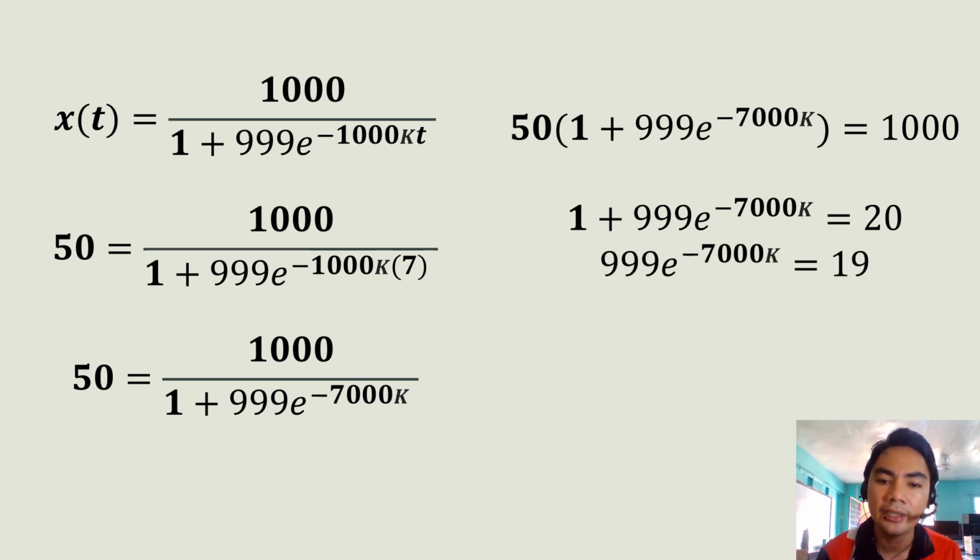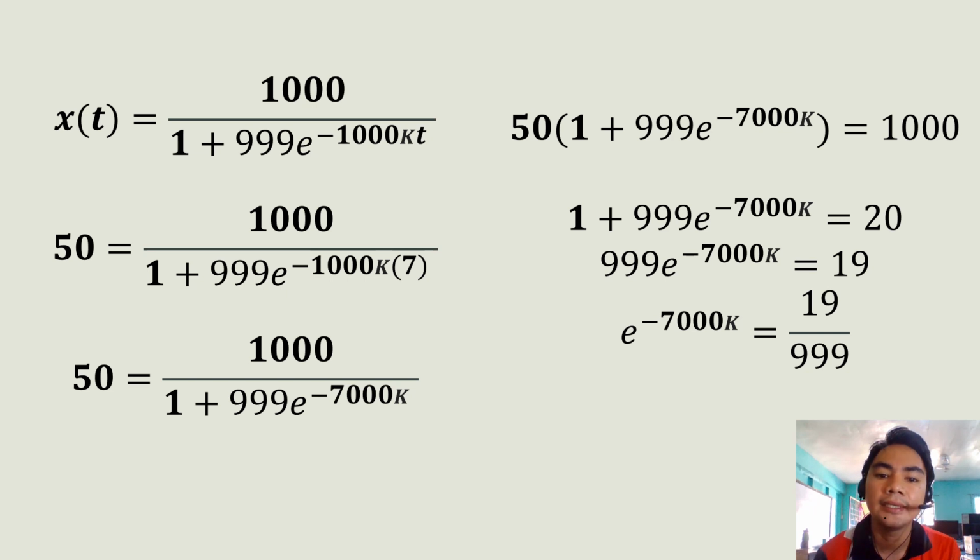So we have 999 e raised to negative 7000k is equal to 19. And let us divide both sides by 999. So the only remaining is e raised to negative 7000k is equal to 19 over 999.